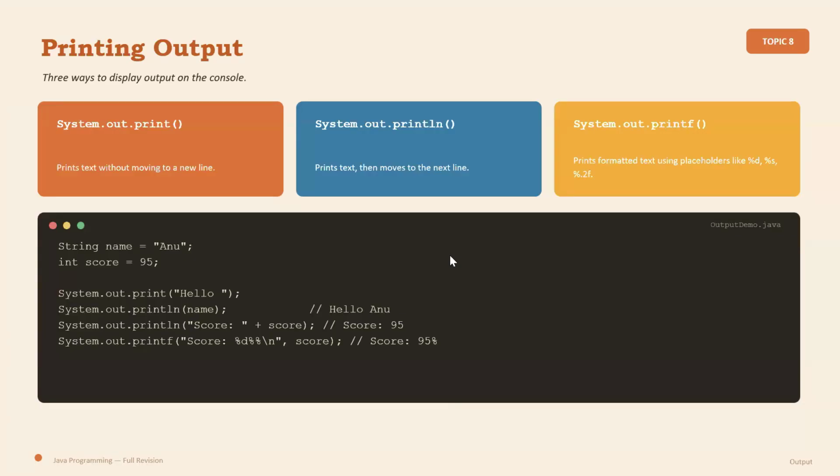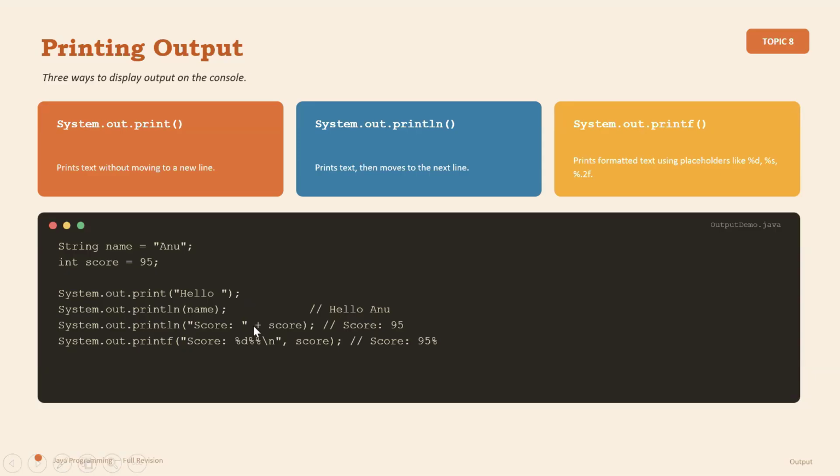Java provides three common methods for displaying output to the console: print, println, printf. print displays text and stays on the same line, and println displays text and moves to the next line. And printf displays formatted output.